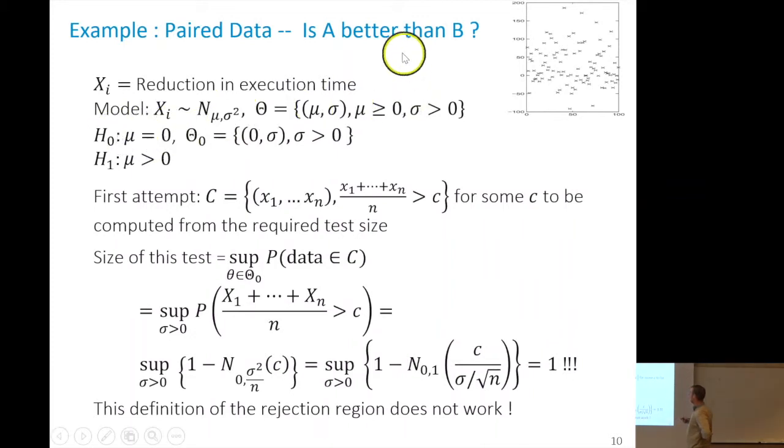Here I'm doing paired data, so I have only one sequence of data, which is the difference between the performance under condition A and the performance under condition B. I want to see whether this is negligible, which would mean the mean is 0, versus the mean is larger than 0.